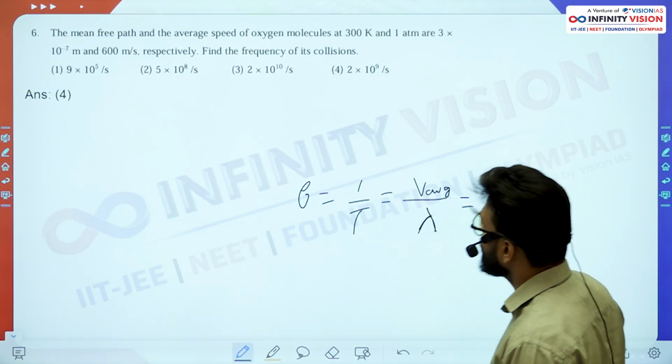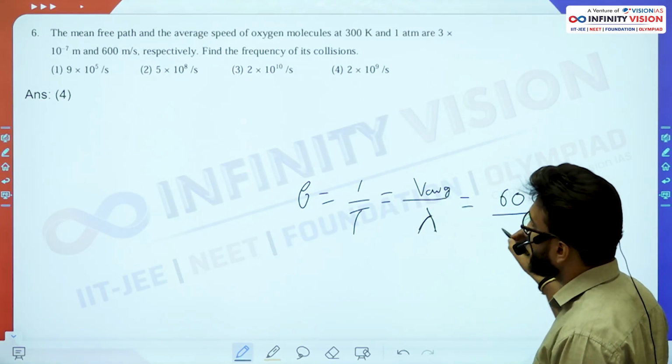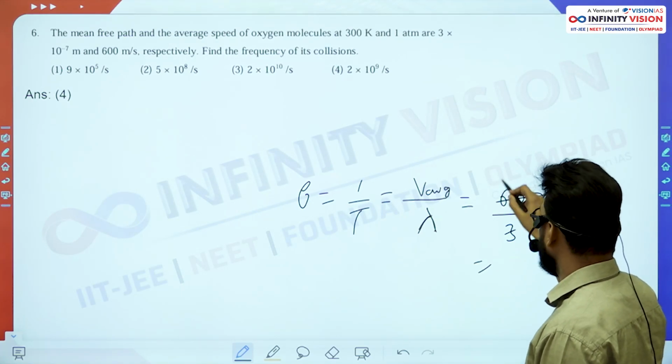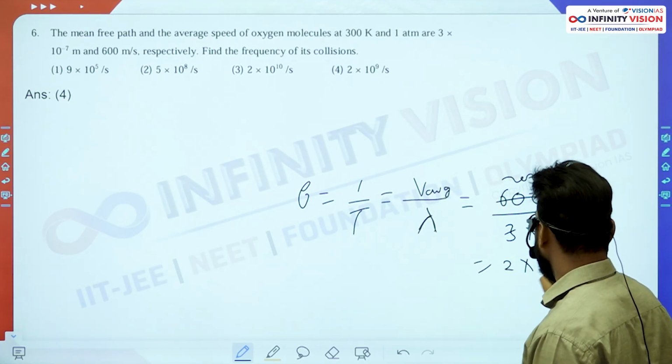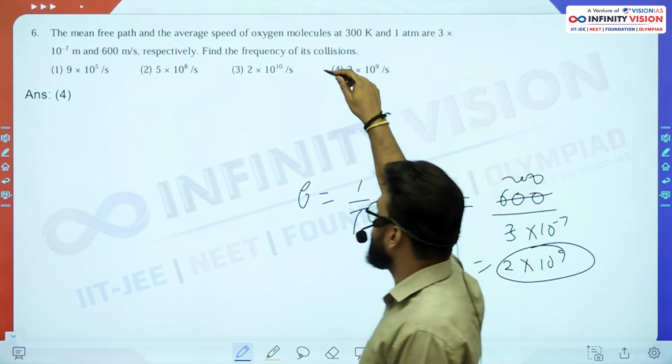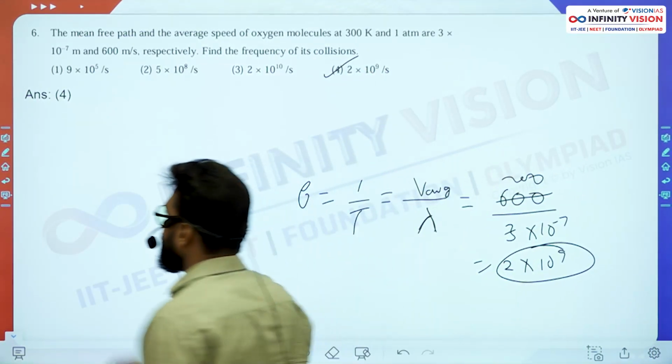So v average is given as 600, and lambda is 3 times 10 to the power minus 7. So we get 2 times 10 to the power 9. So this is the expression that we are getting, and the fourth option is the correct option that you must get.